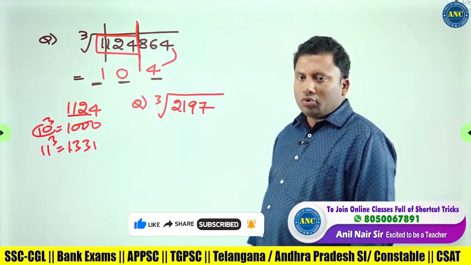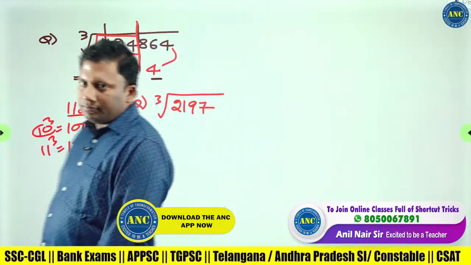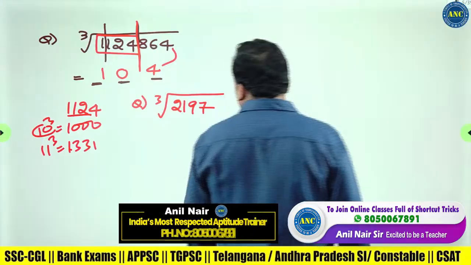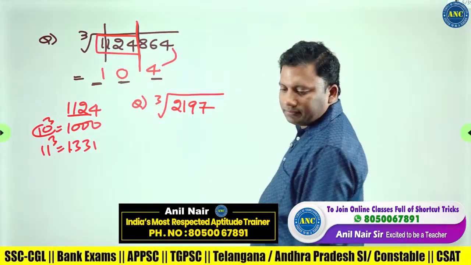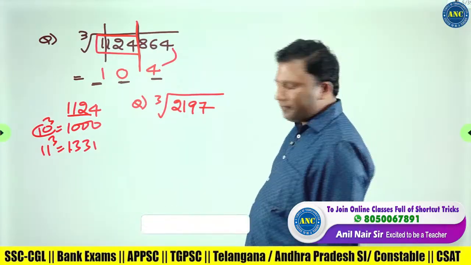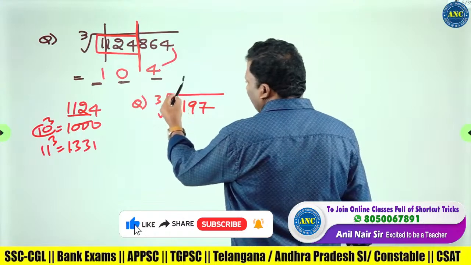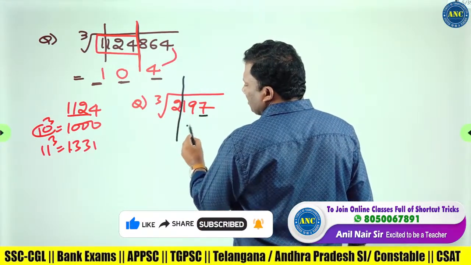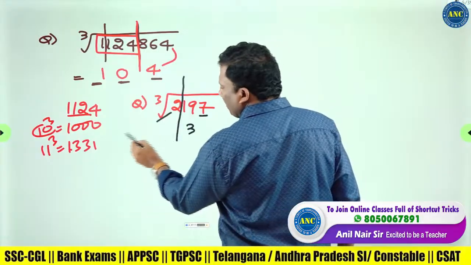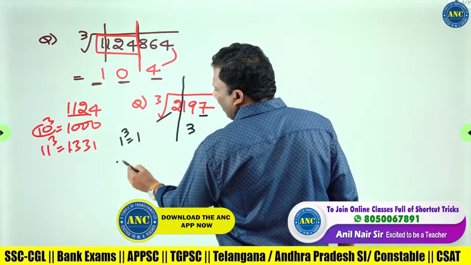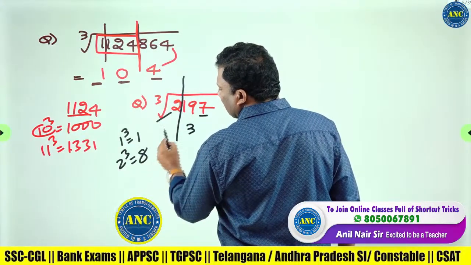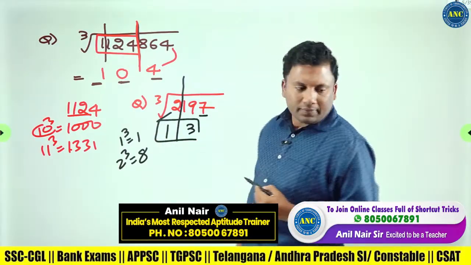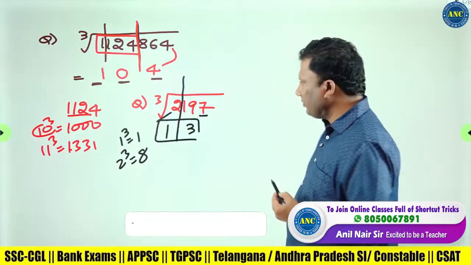It is 13. Keep a slash after 3 digits. This should take 5 seconds. 7 means 10 minus 7, 3. 2 lies between 1 cube 1 and 2 cube 8. Take the smallest number. So the answer for this question is 13.